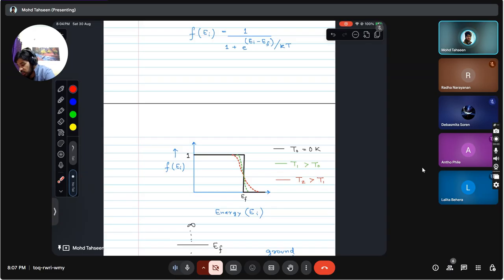All the states lesser than EF, including EF, have a probability of occupancy equal to 1. That means all of these states are filled, and there is no need for a system to have higher energy than EF because we are at the ground state. We would like to have the minimum possible energy state. So the probability falls to 0 after EF. We don't have to go to higher states.